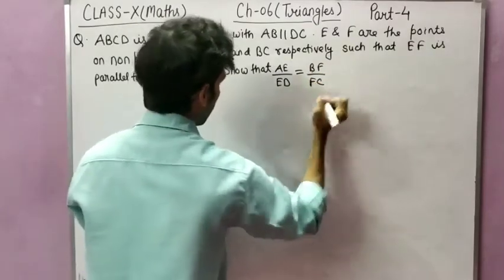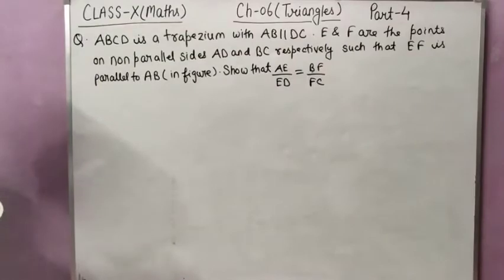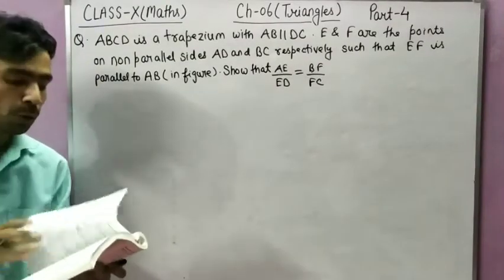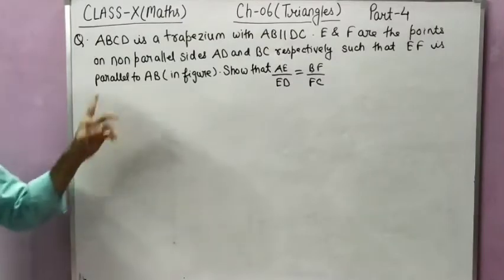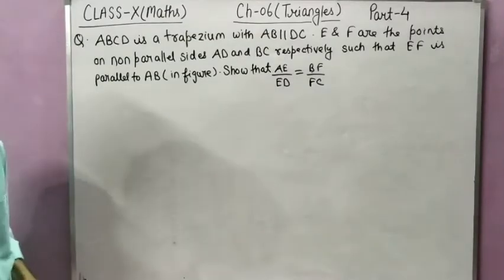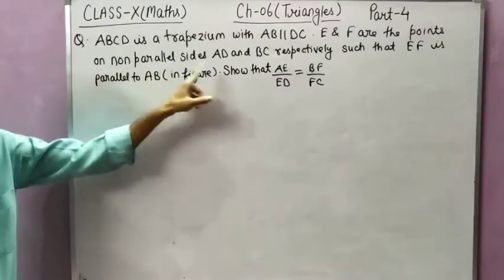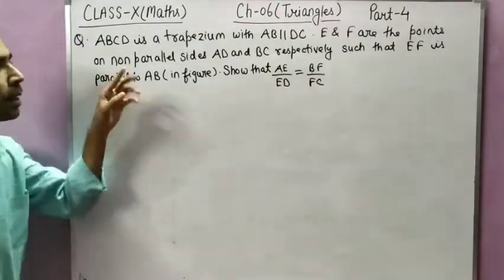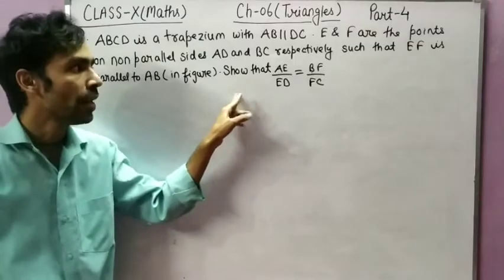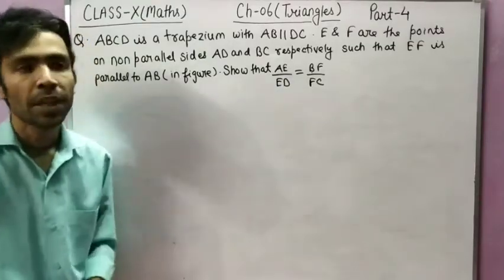This we have to prove. This is example number 2 just before exercise 6.2. So what is given, students? In the question it is given that ABCD is a trapezium and E and F are the points on the non-parallel sides AD and BC such that EF is parallel to AB. The figure is given. Show that AE upon ED is equal to BF upon FC.